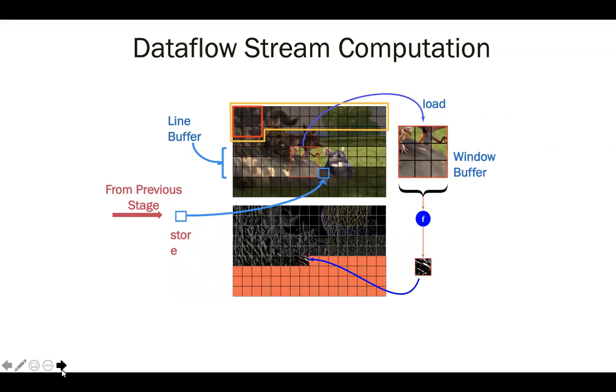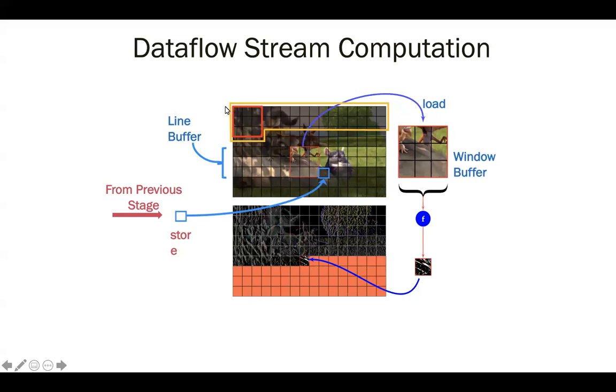So what we do, in pretty much all image processing applications, is we stream the image from the DDR memory, and we store a few rows of the image on the FPGA. Either you use DRAM or some other kind of memory on the FPGA. So this is what is called a line buffer.